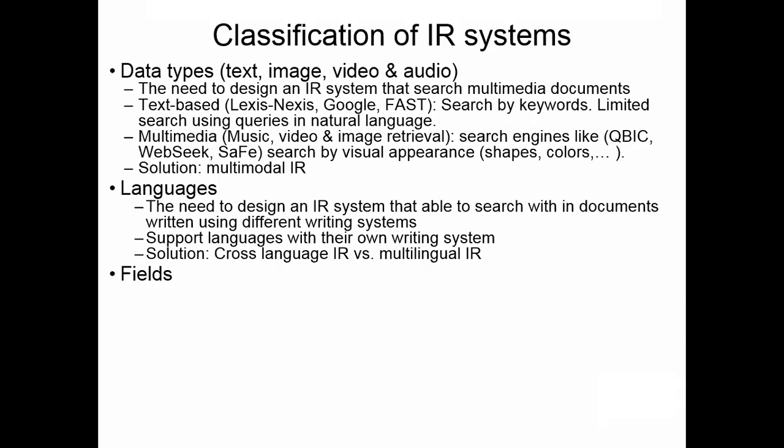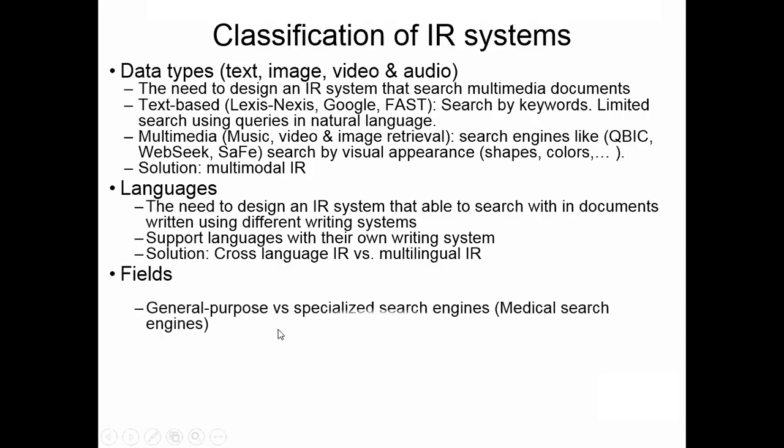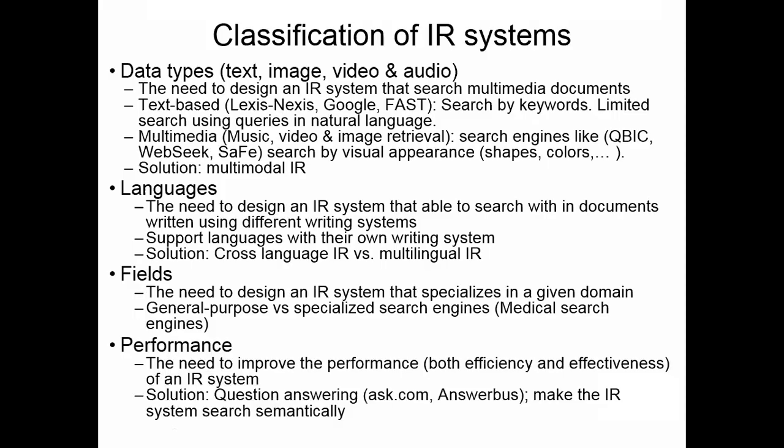The other thing is nowadays there is also an interest to design an IR system which is specialized in a given field. Designing a search engine that can work in the medical field, in the agricultural field, in the computing field.